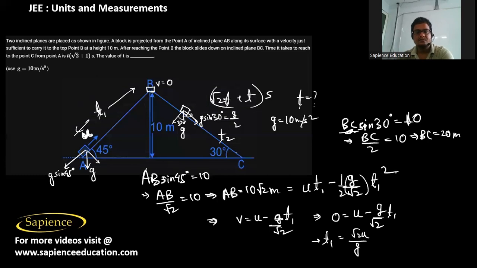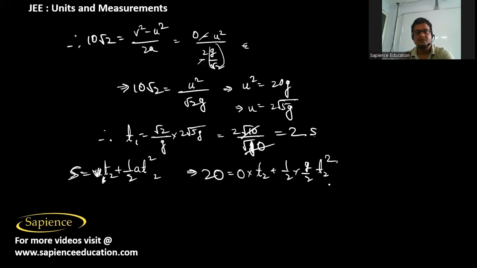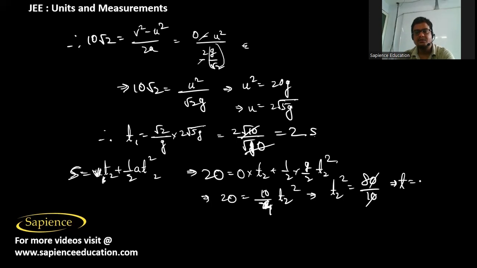Therefore we can find out t2. So 20 equals 10 by 4 into t2 square. So t2 square equals 80 by 10, that is 8. So t2 equals 2 root 2 seconds.